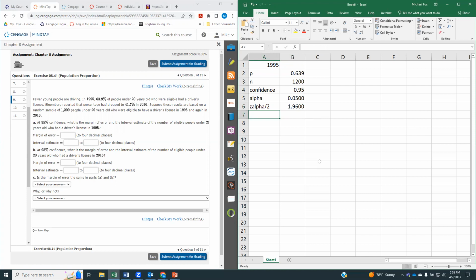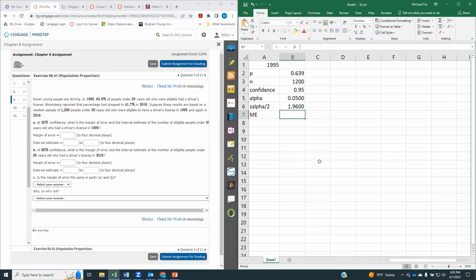All right, so that's what we know going into this. So our formula to do a margin of error is the z-score of alpha divided by 2 times the square root of the proportion times 1 minus the proportion over n.